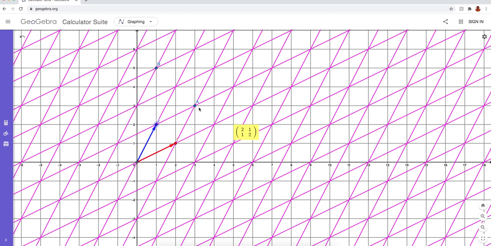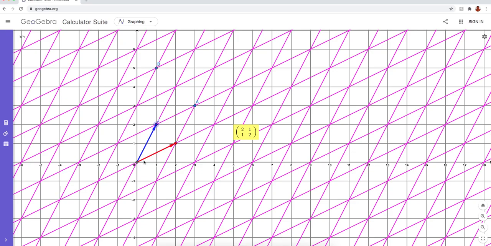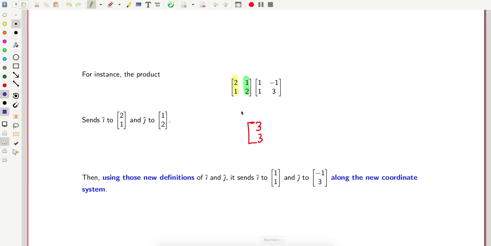So i hat gets sent to 3, 3. Our i hat is going to end up at 3, 3. And j hat ends up at 1, 5. So that's where j hat should end up. So the product of these two matrices should be this one right here.